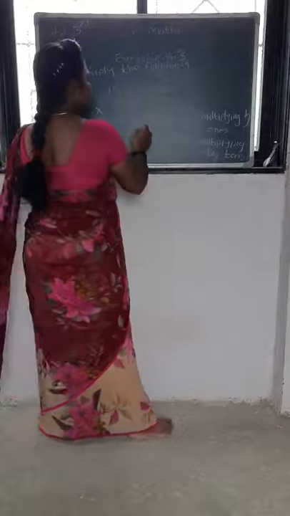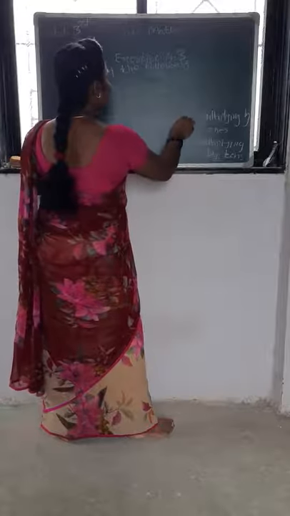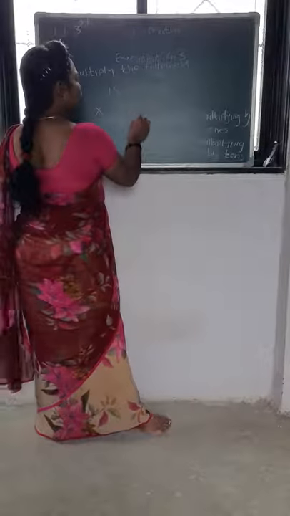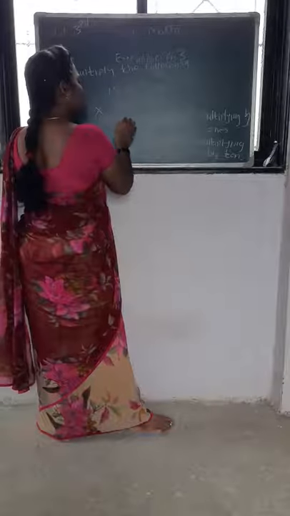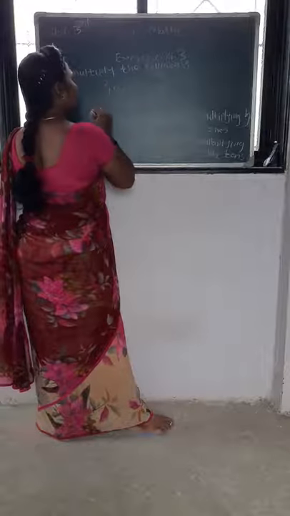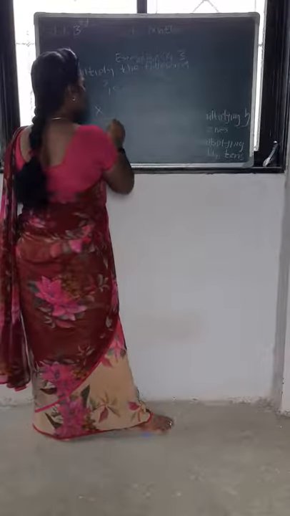Firstly multiplying by 4, that is 180 multiplied by 4. 4 zeros are 0, 4 eights are 32. The 2 is in tens column and carry 3 to hundreds column. 4 ones are 4, 4 plus 3 is 7.